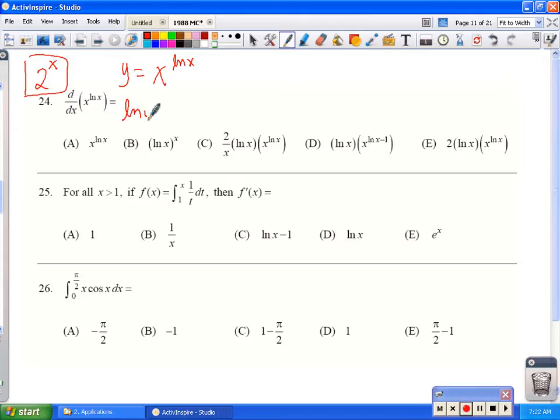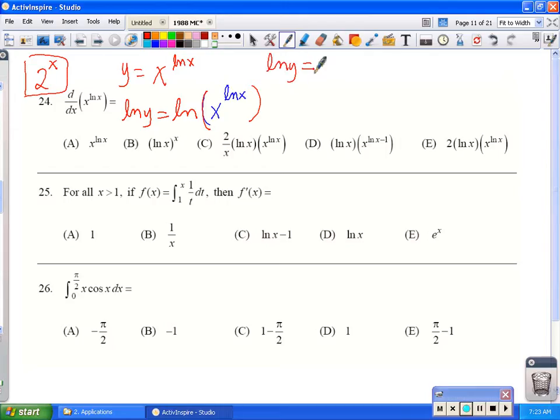So I'm going to take the ln of the left-hand side and I get y. And on the right-hand side, I'm going to take the ln of what was already there, which is x to the ln of x. So what you see in blue was the function that I'm taking the ln of. Now on the left-hand side, everything stays the same.